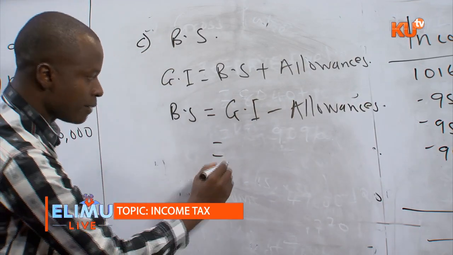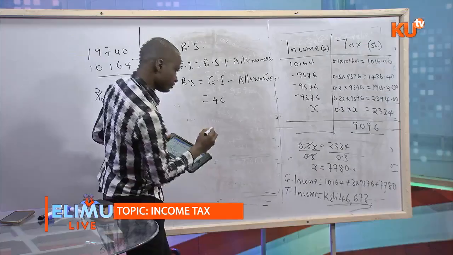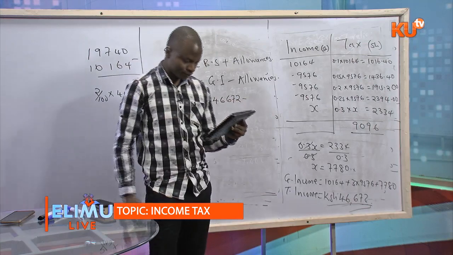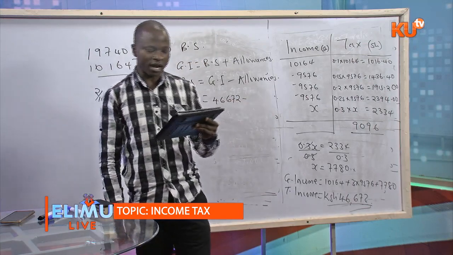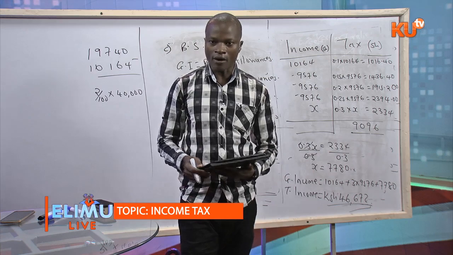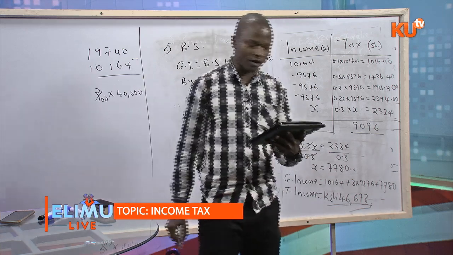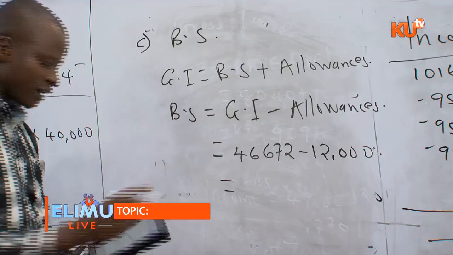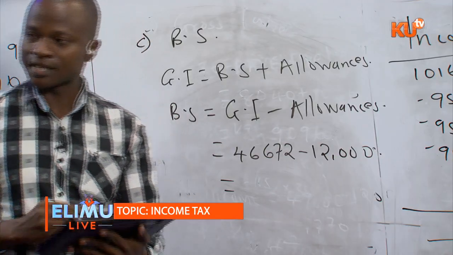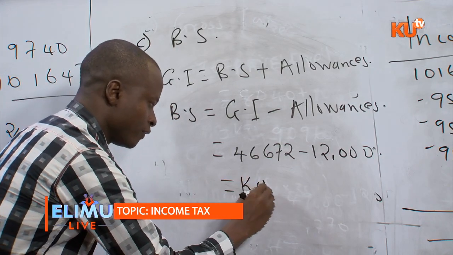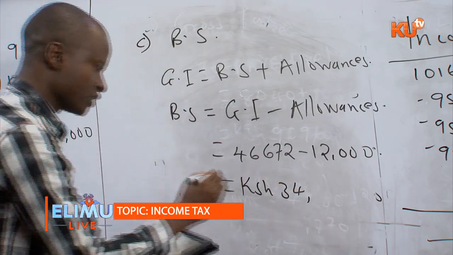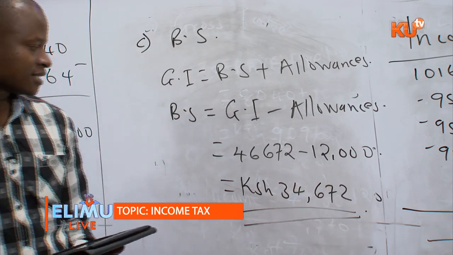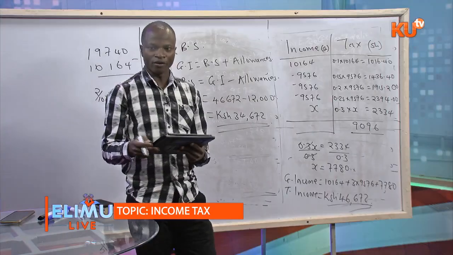So the gross income is 46,672 minus, what were the allowances given? Ngeno got a house allowance of 12,000. So the only allowance is a house allowance of 12,000. So we subtract 12,000 from this, then our answer is 34,672 Kenyan shillings as the basic salary Ngeno earns.